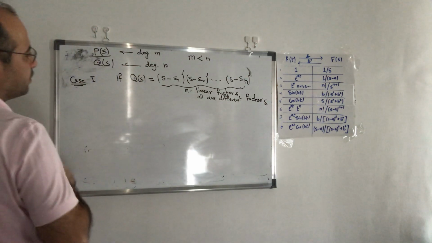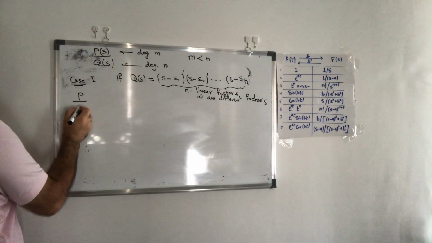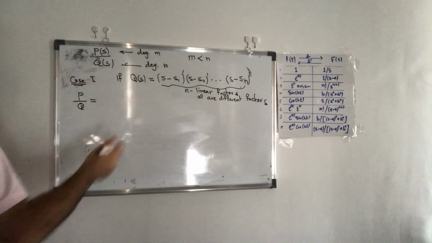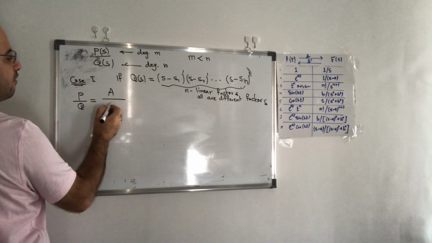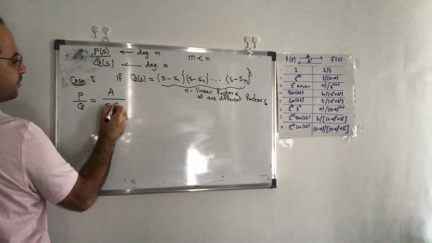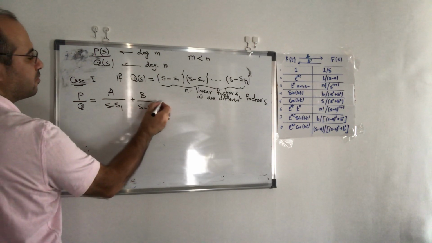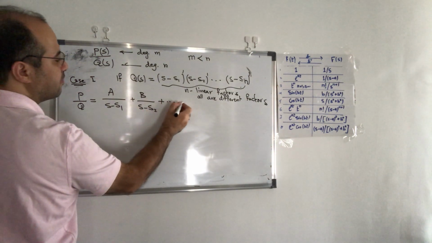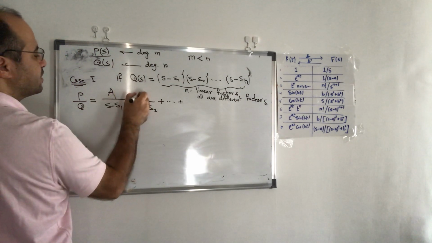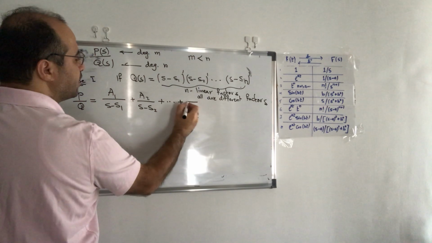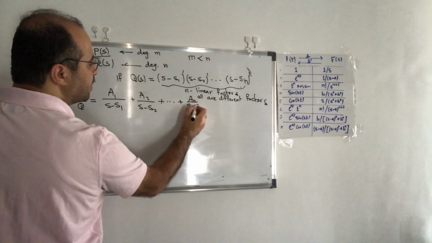You need to go to Calculus 2 and review this. Then you can write this as A over the first factor plus B over the second factor plus and so on, plus the last. Let me say this is A1, this is A2, and the last one is An over s minus sn.